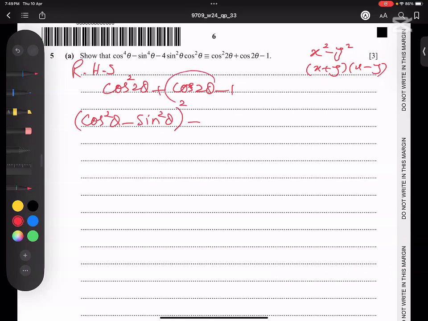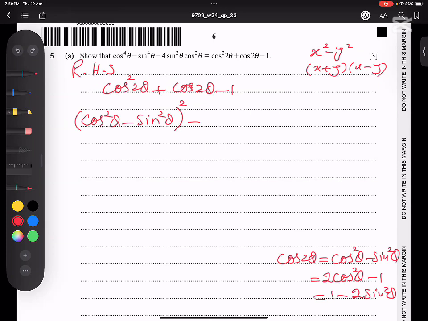Okay, now again we have 2 options, because remember cos 2 theta has 3 formulas. One formula is cos square theta minus sine square theta. One formula is 2 cos square theta minus 1. And one formula is 1 minus 2 sine square theta.